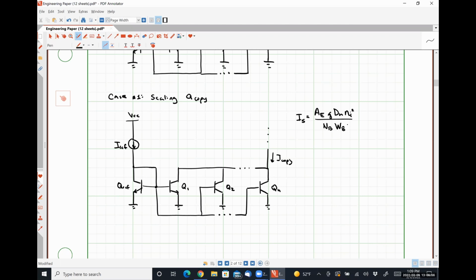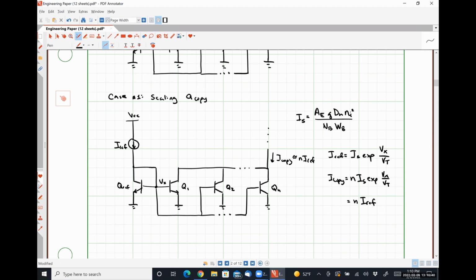So for this first case, where IREF is equal to IS times EXP of Vx over Vt, or I should label Vx here just for argument's sake. We're going to have I copy is equal to N times IS EXP Vx over Vt, and therefore I copy is just N times IREF.